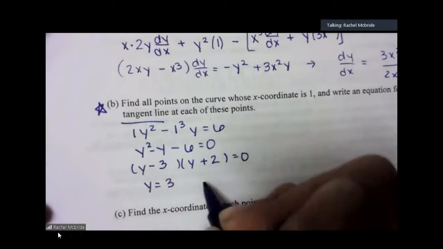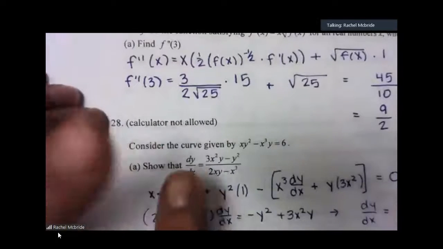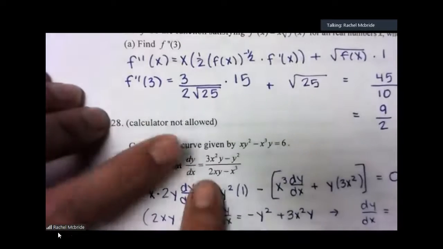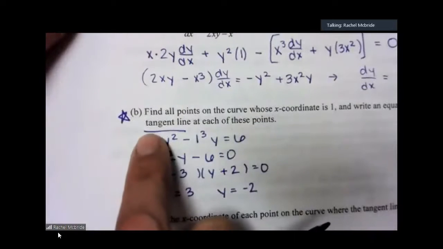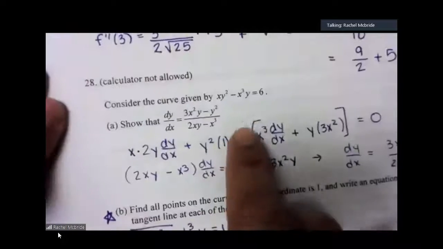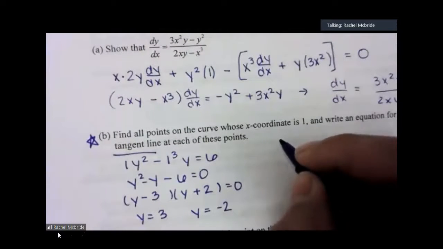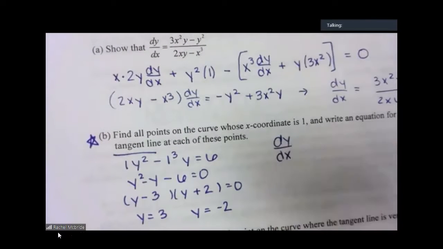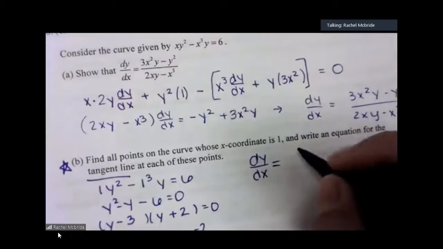So my y values are y equals negative 2 and y equals 3. They gave you the slope. For a tangent line, you need the slope of the derivative. They gave me the slope of the derivative. So what I'm going to do is plug in 1 for every x up there.